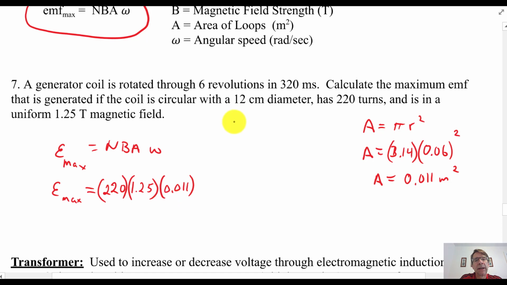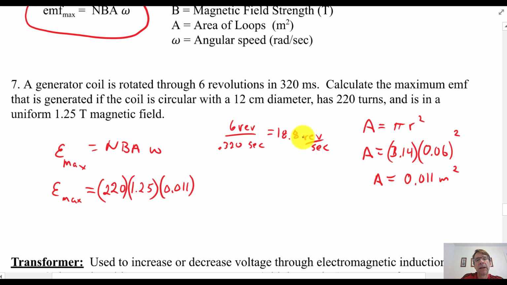Now omega, I want radians per second. Well, I have six revolutions in 320 milliseconds. 320 milliseconds is 0.320 seconds. So 6 divided by 0.320 seconds gives me 18.8 revolutions per second when I divide those two numbers. That's revolutions per second.